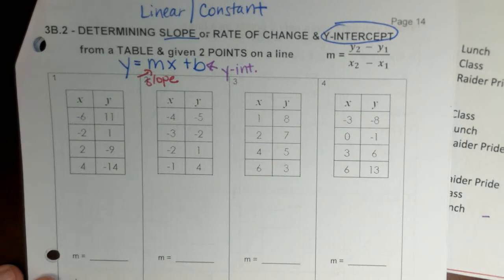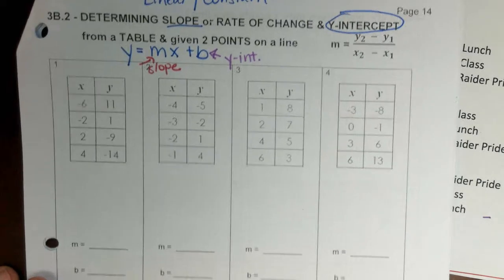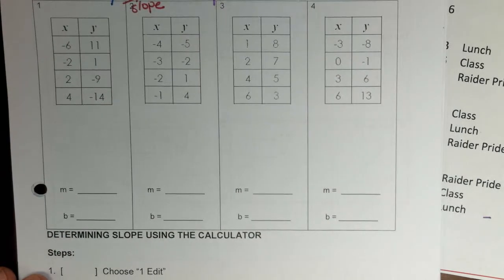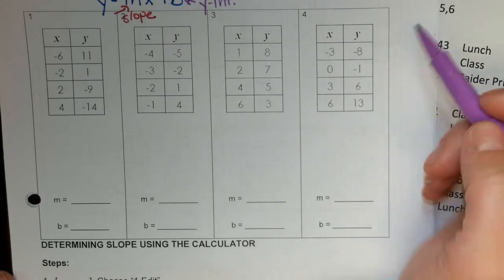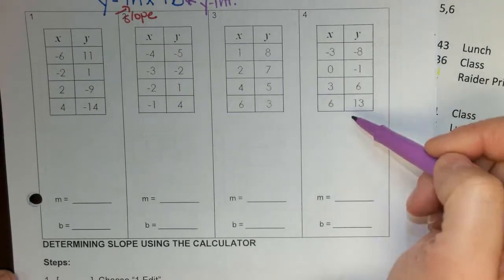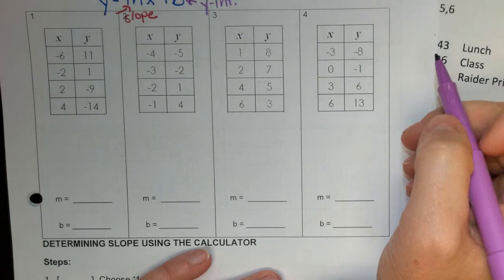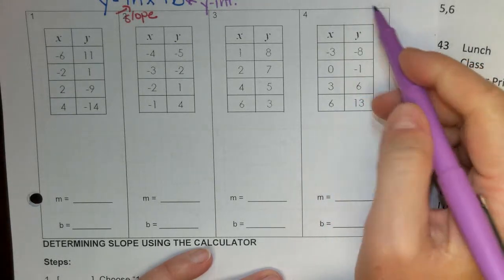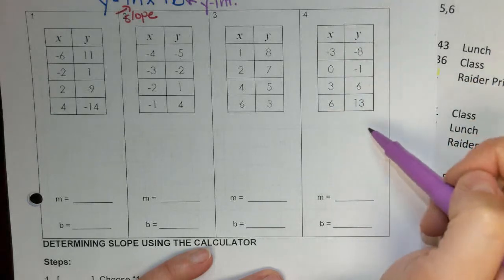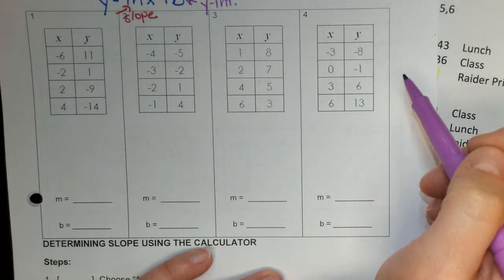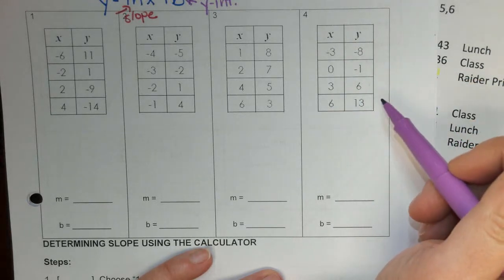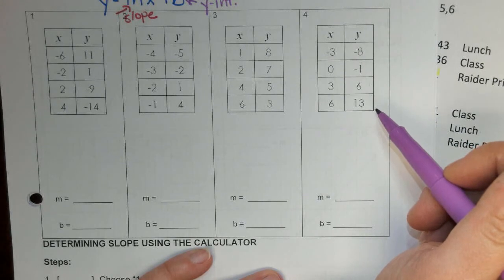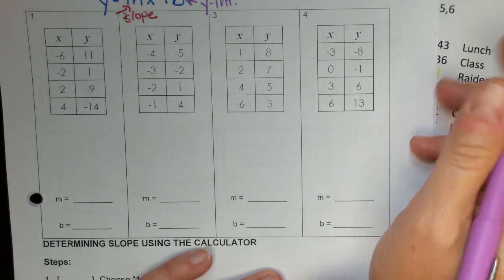Let's look at if it's given to you in a table. To do this, we're going to go to question number 4. If I gave you the plots in a table like this, you could determine the slope, and you could determine what the y-intercept is.